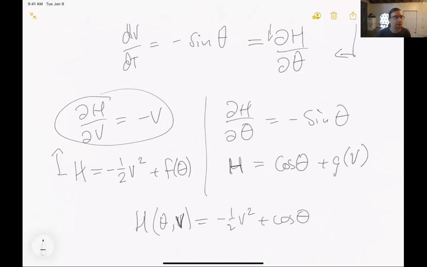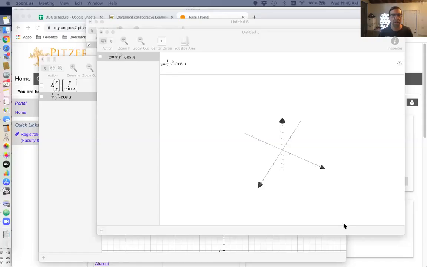Okay. So again, I will flip back to my graphing program, and I will share desktop one. There we go. Hopefully you can all see that.